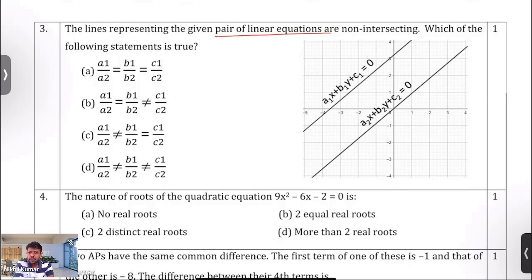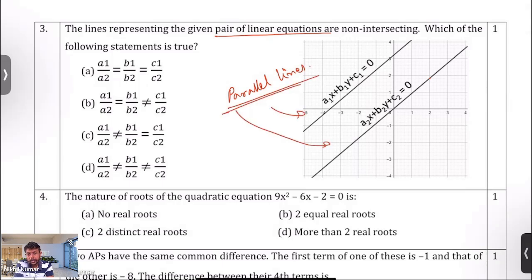We can see from here that this distance remains constant, which means that these two lines are parallel, isn't it? So we have parallel lines, this one and this one. These two are parallel lines.